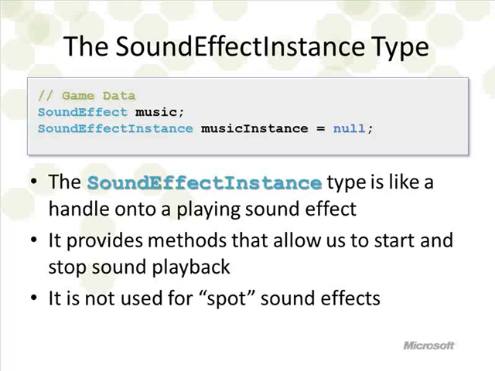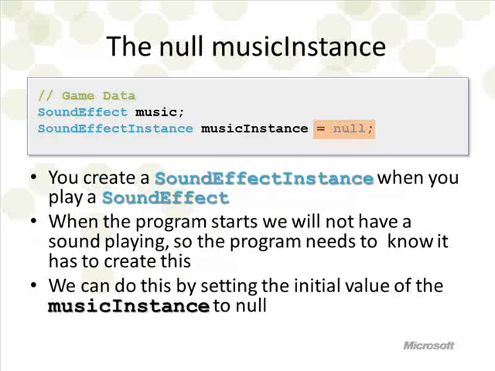If I make a sound effect instance, I can now start that sound effect playing, I can stop it, I can change the pitch, I can make it repeat, I can do all kinds of really interesting things. So I'm using this in my version of the program to allow me to have some music I can play and stop in the background, which kind of works.